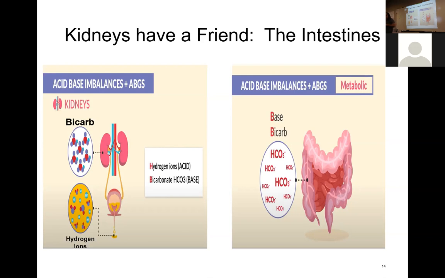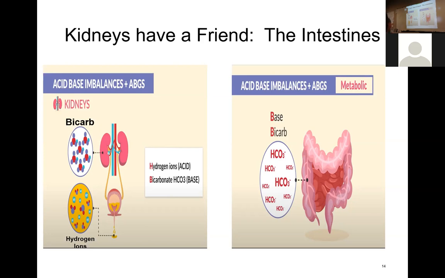So if we have a whole bunch of base, which is bicarb, right? Let's say we get diarrhea. So our intestines is all about base, right? We're excreting what? What are we getting rid of out of the body? Oh, base.